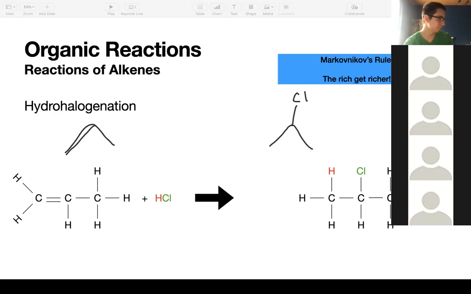So the formula for the right side would just be C3, H3, 4, 5, 6, 7, and Cl.